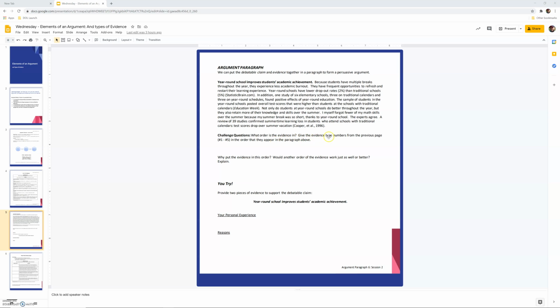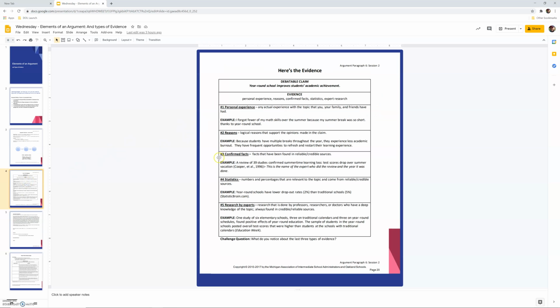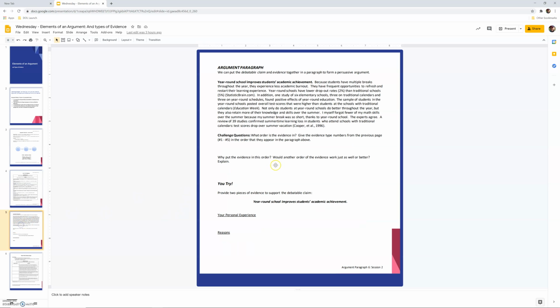So you're going to give the evidence type numbers from the previous page. Remember, numbers 1 through 5. And you're going to do that in the order that they appeared in the paragraph above. So you're identifying the piece of evidence as one of these possible things. Then you're just making a list of the numbers in the order that they appeared.